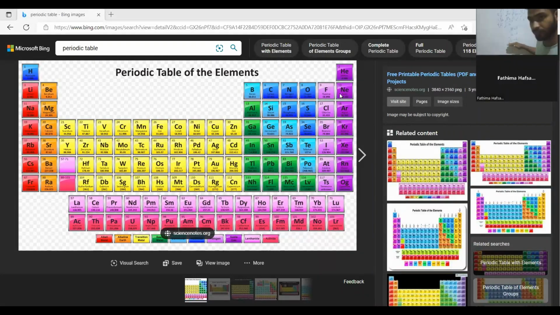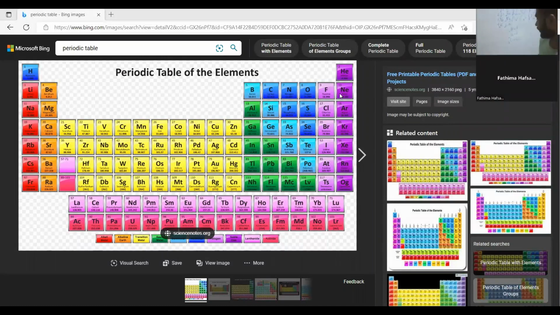For lithium, first 2 electrons and the last one 1 electron. Did you understand, Hafsa? I think there might be some coverage issues.